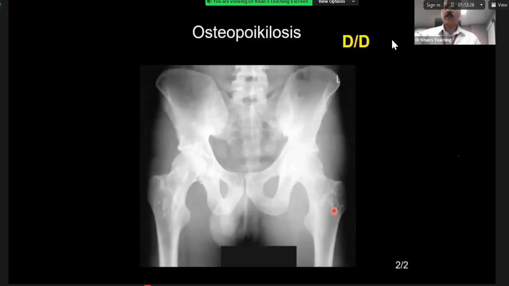If you see here, they can be lanceolate or oval or rounded. They are usually around big joints on both sides. Just like this case, this is quite classical. This is known as osteopoikilosis, not to be confused with anything more sinister.